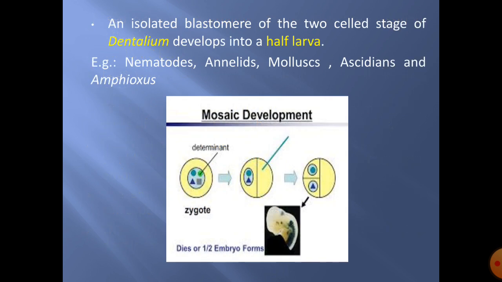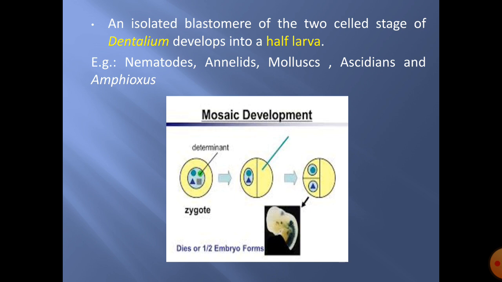For example, take an isolated blastomere of the two-celled stage of Dentalium. Dentalium is a mollusk commonly called elephant's tusk shell because of its shape. In this animal, if the blastomere is separated at the two-celled stage, each blastomere develops into a half larva.